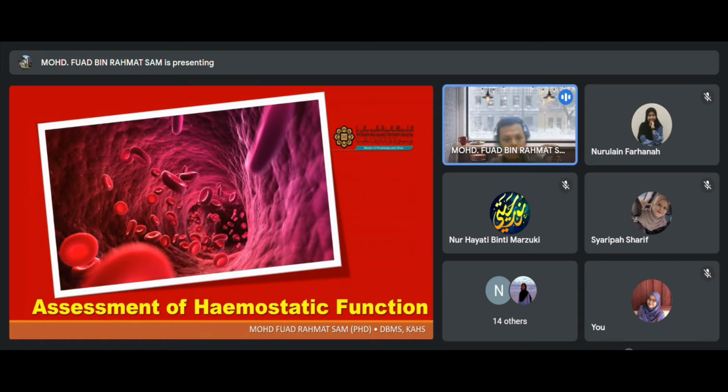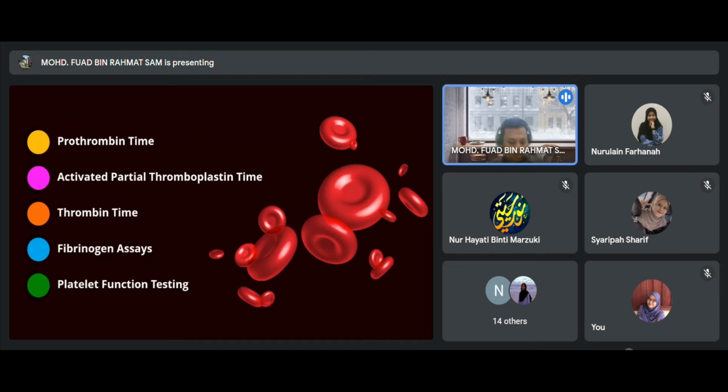So we are going to discuss the coagulation disorder tests that involve the coagulation cascade.